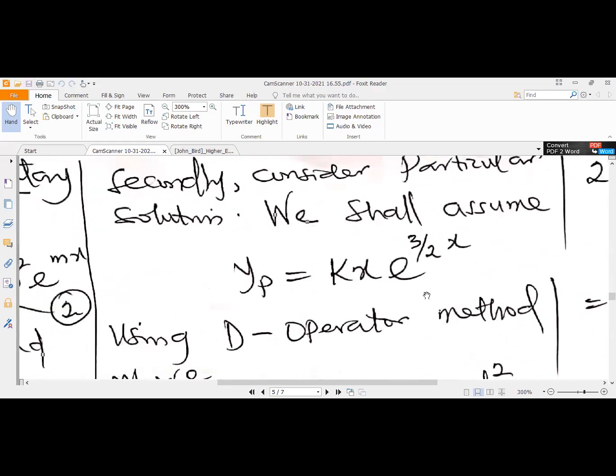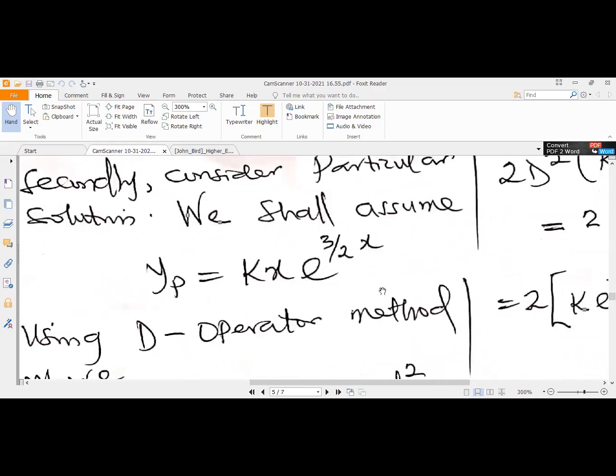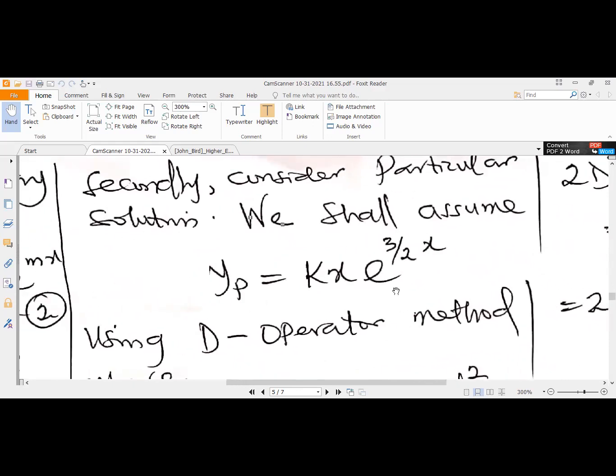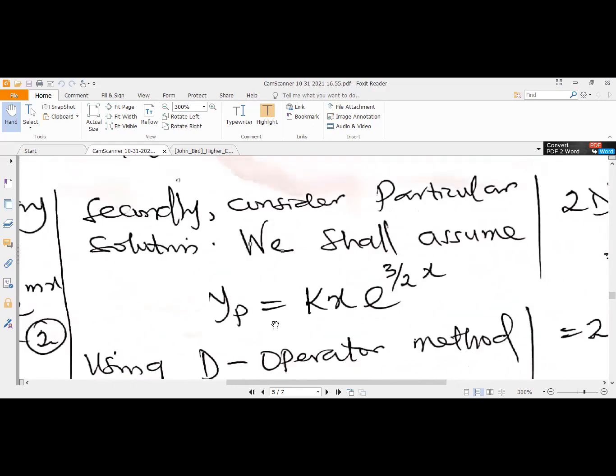We are going to assume a particular solution to be k without multiplying by x. Do you notice that I've added x to this now? The reason why I've added x is because one of the components of the complementary solution is also in the non-homogeneous part. So that is why I said x.